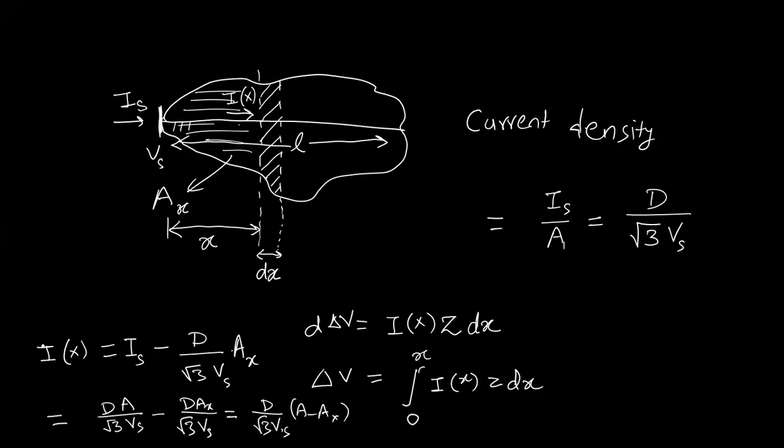That gives the expression for the current. A is the total service area, Ax is the service area up to length x of the feeder, and we can get the expression for the current incoming to that incremental area dx by using this expression, and we can calculate the voltage drop.